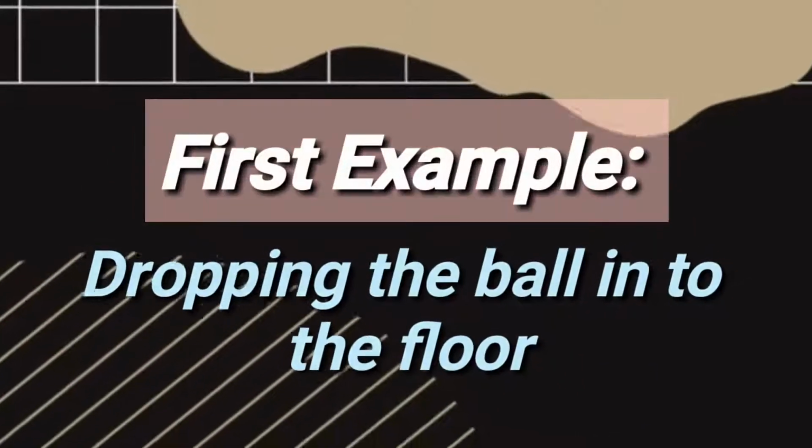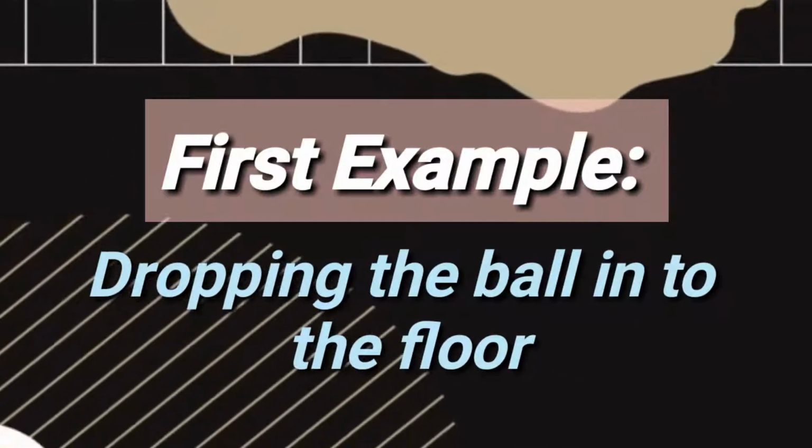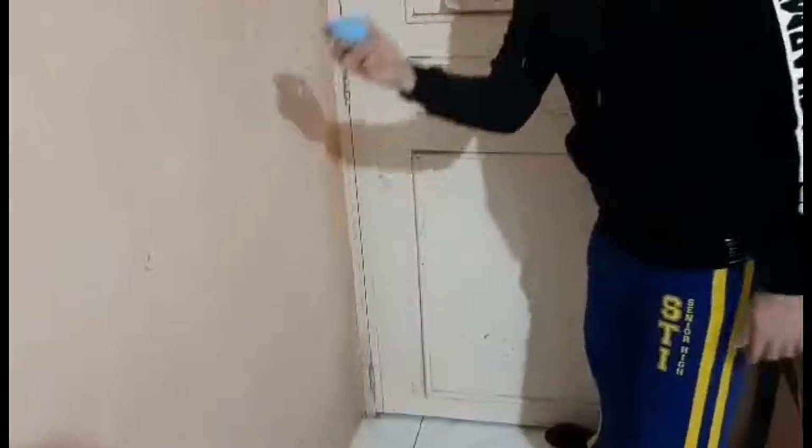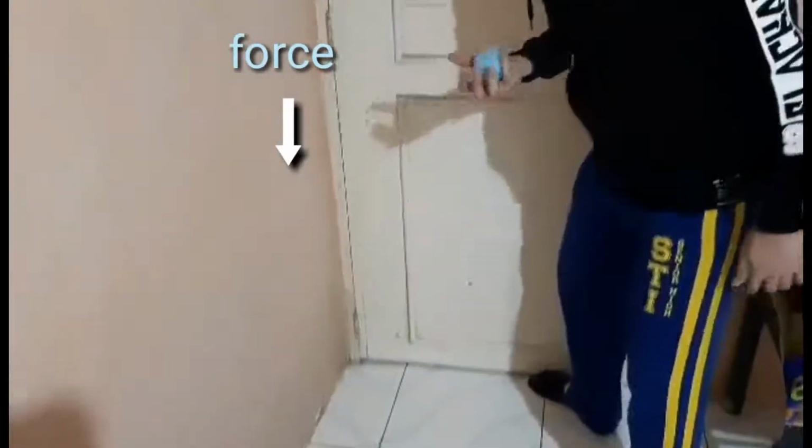The first example is dropping the ball onto the floor. When the ball was released and reaches the floor, it induces a downward force. The ball responds with the same intensity but in the opposite direction through this action.